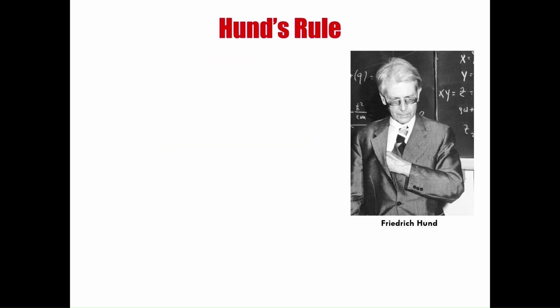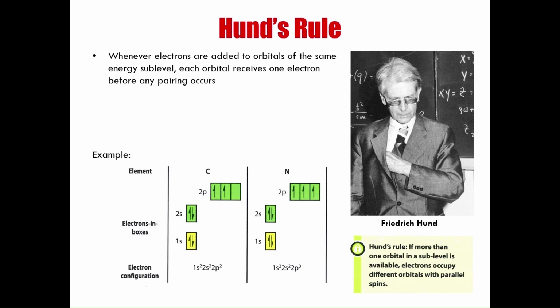Hund's rule. German physicist Friedrich Hund proposed a new rule for the allocation of electrons to orbitals of the same energy sublevel. His rule stated that if you're going to add an electron to an orbital of the same energy sublevel, each orbital must receive one electron before any pairing can occur.